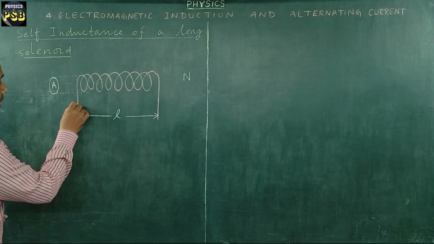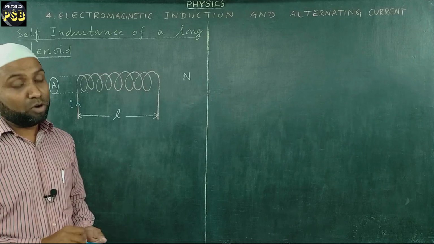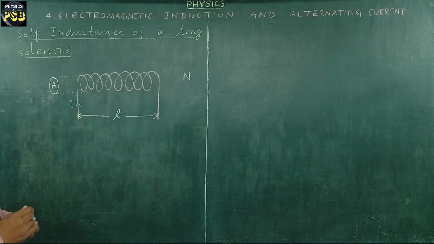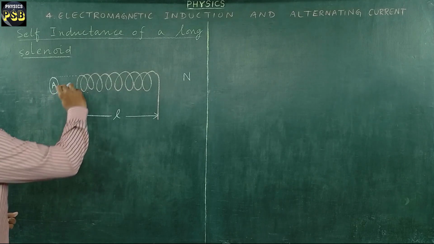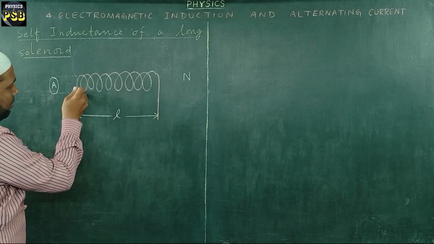Now, through one such solenoid, if you pass current I, then it will produce a magnetic field around it. The magnetic field produced by this solenoid appears something like this. This is the magnetic field.